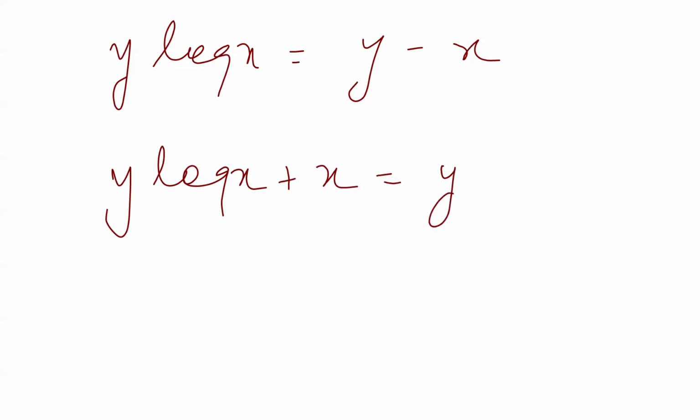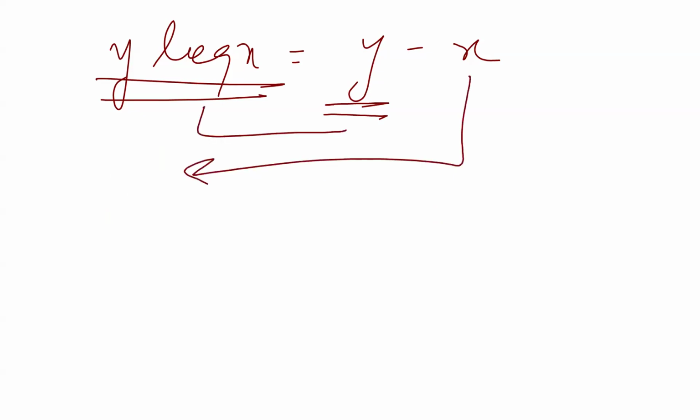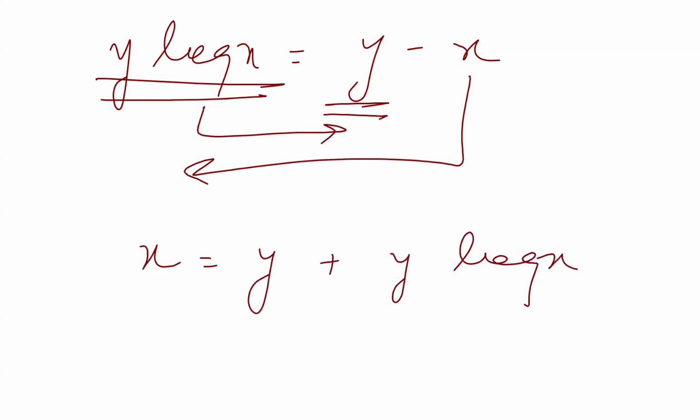So what I will do is combine all the x terms and combine all the y terms. For that reason, I'm going to send this x on the left hand side and this on the right hand side. So x is equal to y plus y log x.